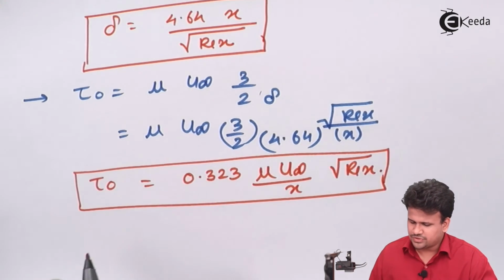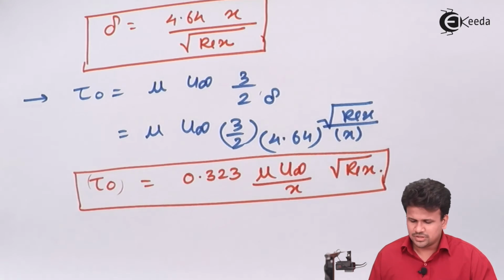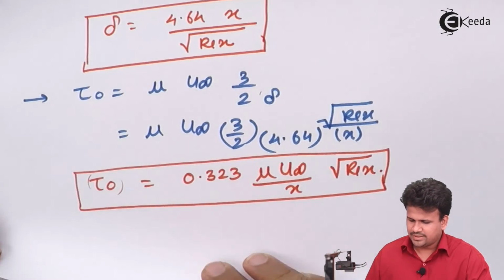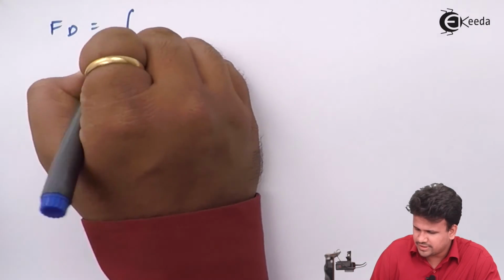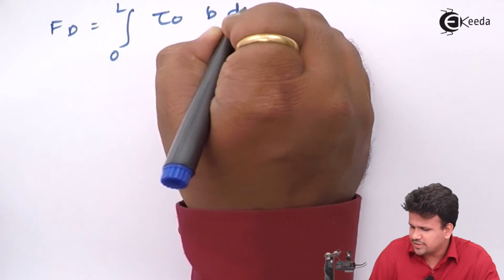Now this equation of shear stress will help us to calculate the shear force or the drag force. We know that drag force can be written as Fd equals integral 0 to L of tau 0 b dx.